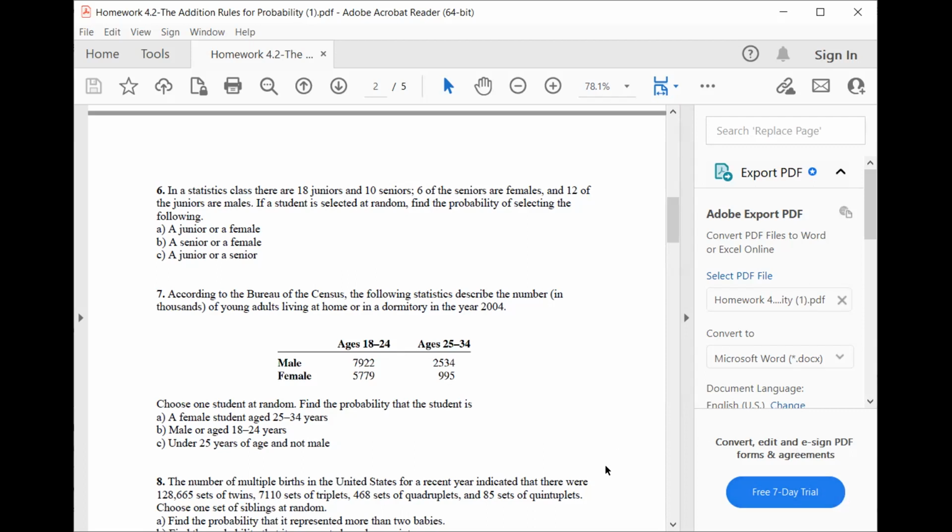So we have from here 18 juniors, and we know that 12 of those juniors are male. And we know that 6 seniors are female.